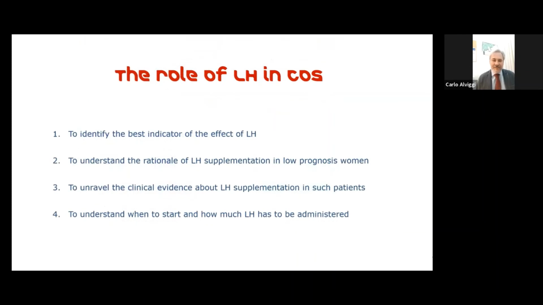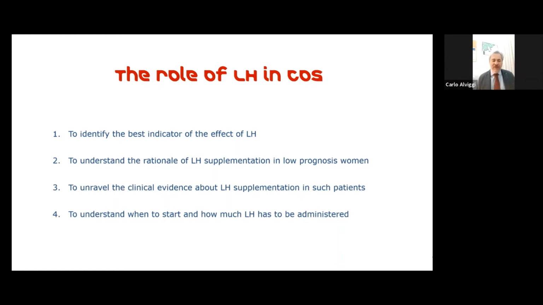Okay, so I will go to the most important points. I think the use of LH is a good way of understanding how important it is to have a good classification of low prognosis patients. Because if we give LH in all patients, we probably run the risk of not perfectly understanding where it works and when it doesn't work.